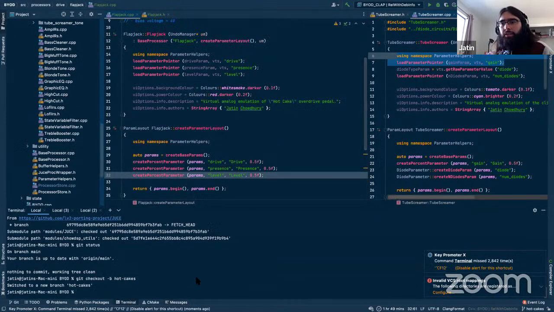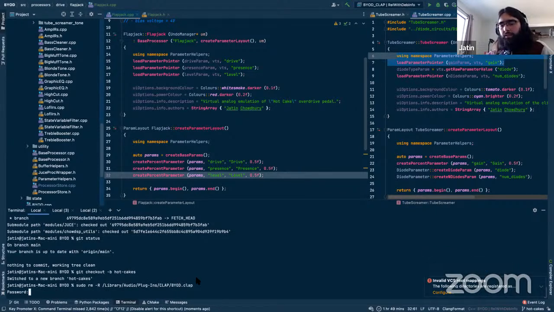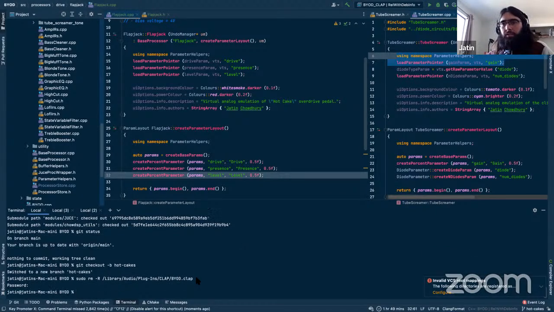Cool, looks like our build has finished. So let me remove the existing build in case there's any conflicts there, and copy the new one.